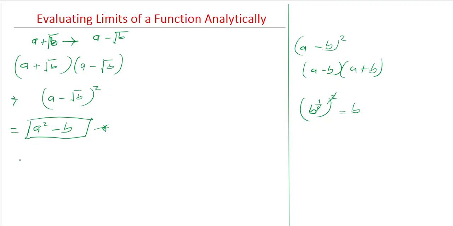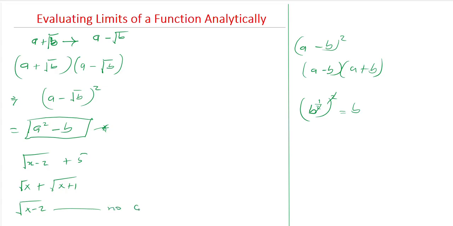What do you think will be the conjugate of root x minus 2 plus 5, root x plus root x plus 1, and the final one, root x minus 2?